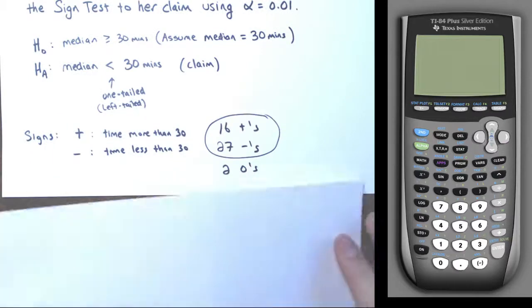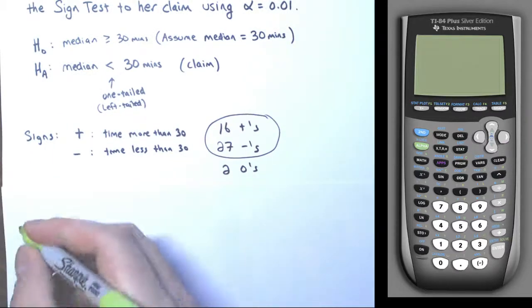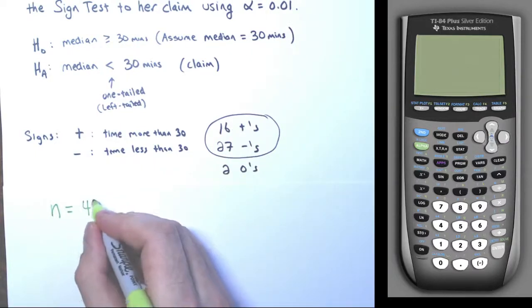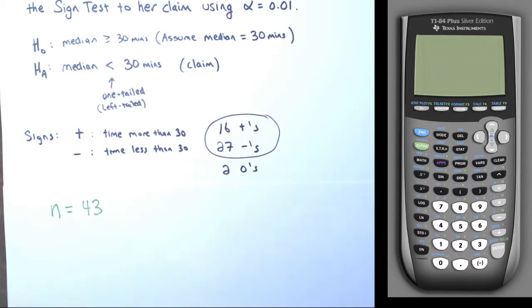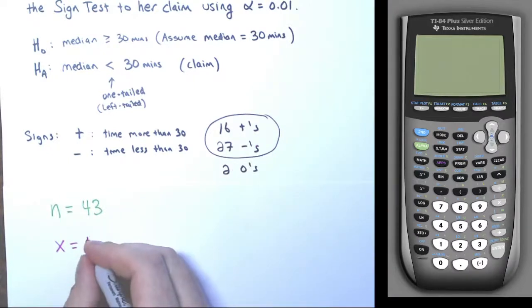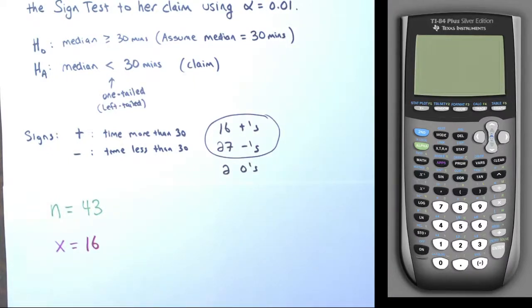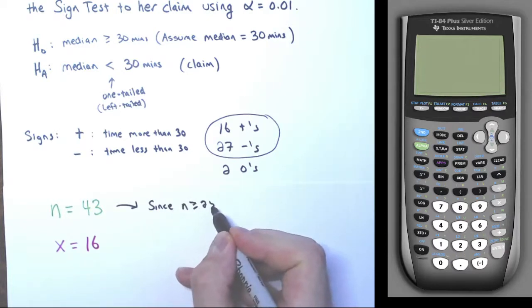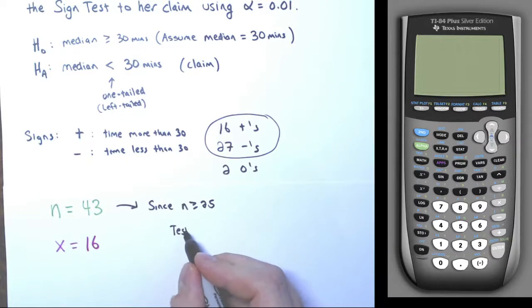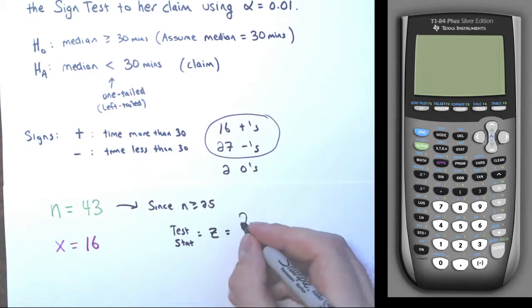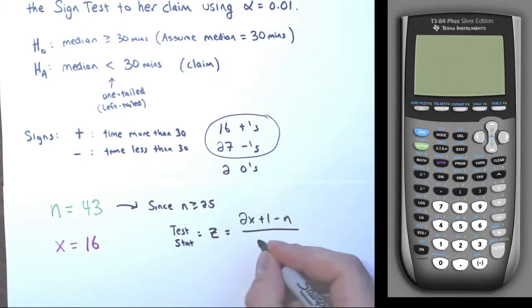So the value of n is the number of signs, the pluses and minuses. Again, that's 43. The value of x, the least frequent of these, this time the pluses are least frequent, is 16. And since n is greater than or equal to 25, my test statistic is that z-score, the one with 2x plus 1 minus n divided by the square root of n.